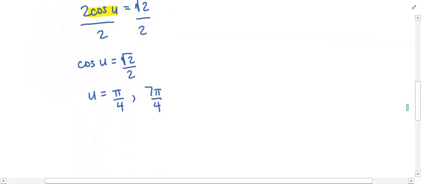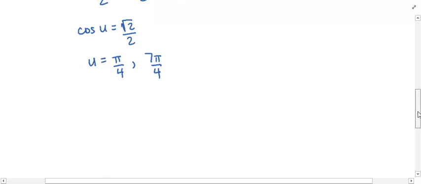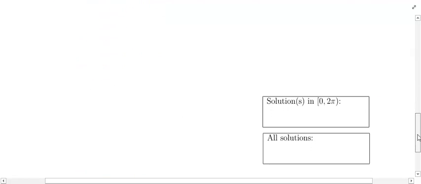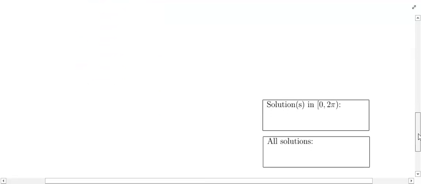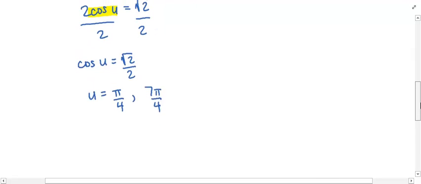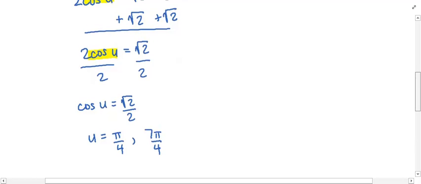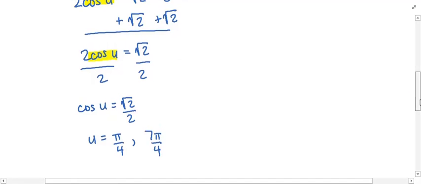Now here's something else major that you have to remember. We're going to have to not only write the solutions between 0 and 2 pi, but we're also going to have to write down all solutions. So before you do the substitution here, you need to go ahead and start formatting the all solutions part.